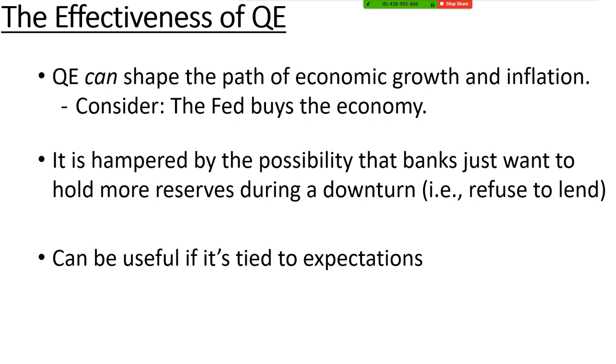So, for instance, if investors expect that the Fed will keep its target federal funds rate at 0 while it's engaged in quantitative easing, then the continuance of quantitative easing is more, or at least the utility of it is more, as a signal. It's a signal to investors that the target federal funds rate continues to be 0.